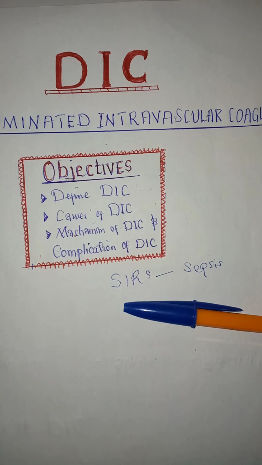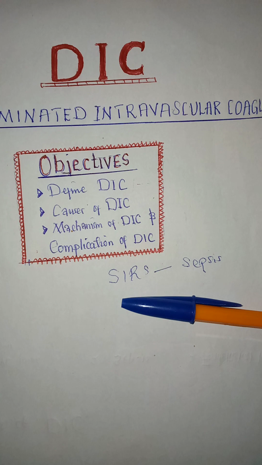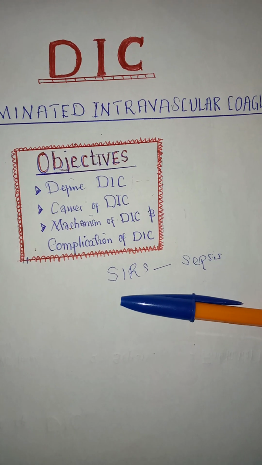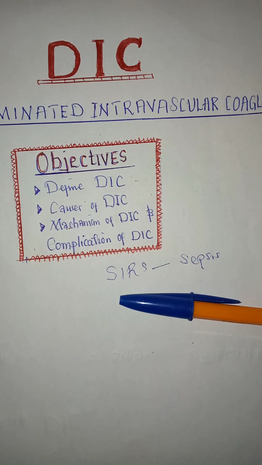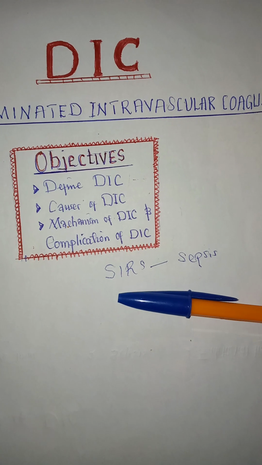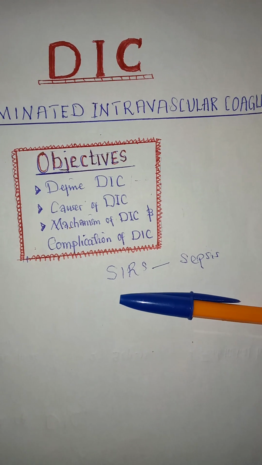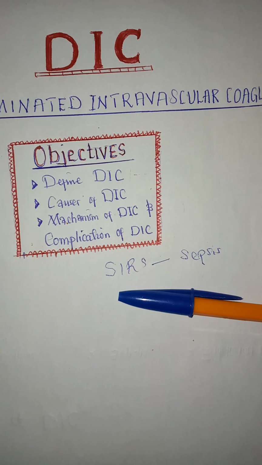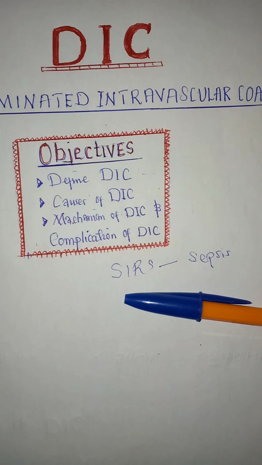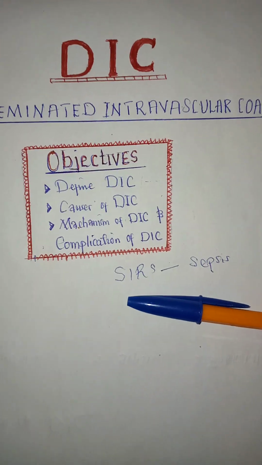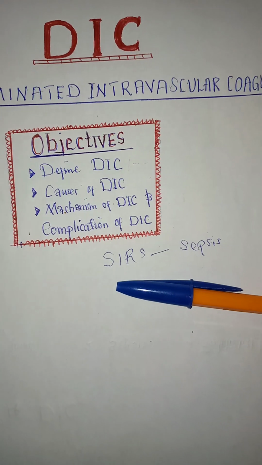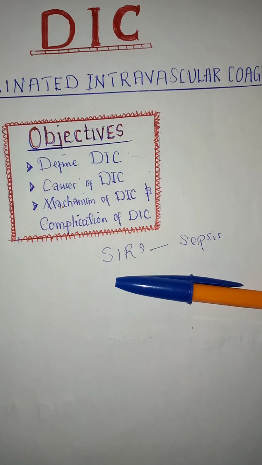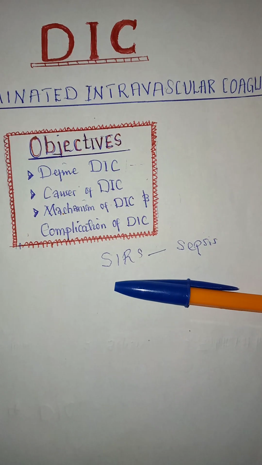So the net result of DIC is basically excessive clotting and bleeding. Alright guys, enough of the definition of DIC. Now let's get to the causes of DIC as well as the mechanism itself and the complications of DIC.